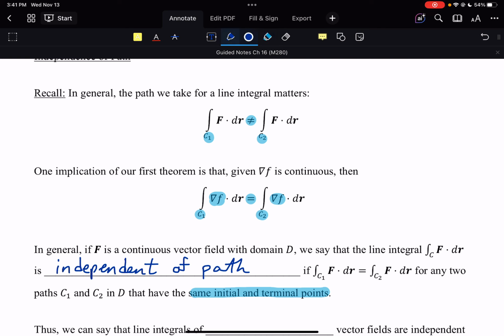Okay, so if we have a line integral that is independent of path, that means that the path that we take ultimately will not matter. You will get the same result as long as the curves start and end at the same place.